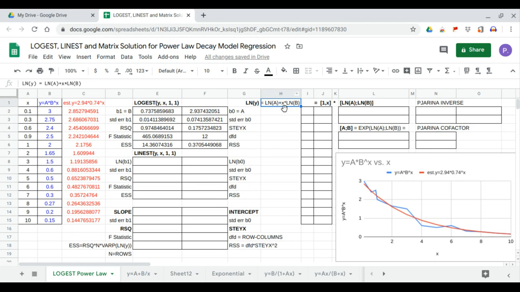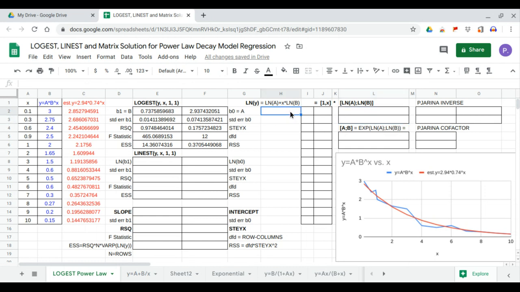Factoring out, you will have two factors. We have the 1 comma x matrix, which is this, times the ln a semicolon ln b matrix, which is this matrix. We'll calculate these values using the matrix solution.